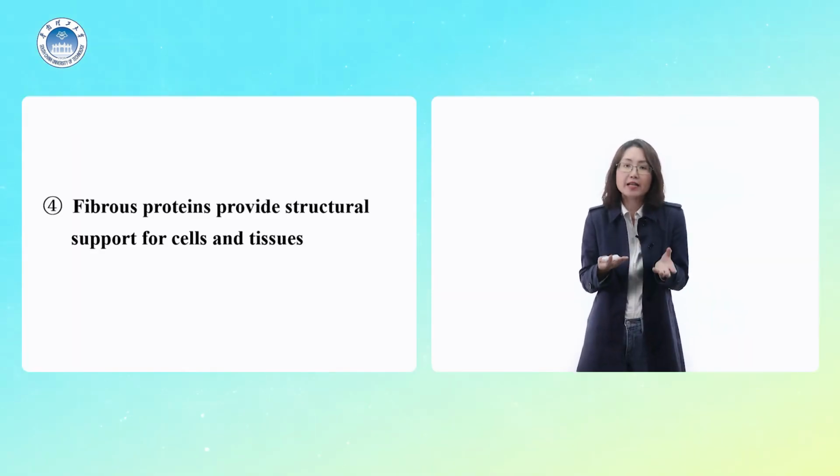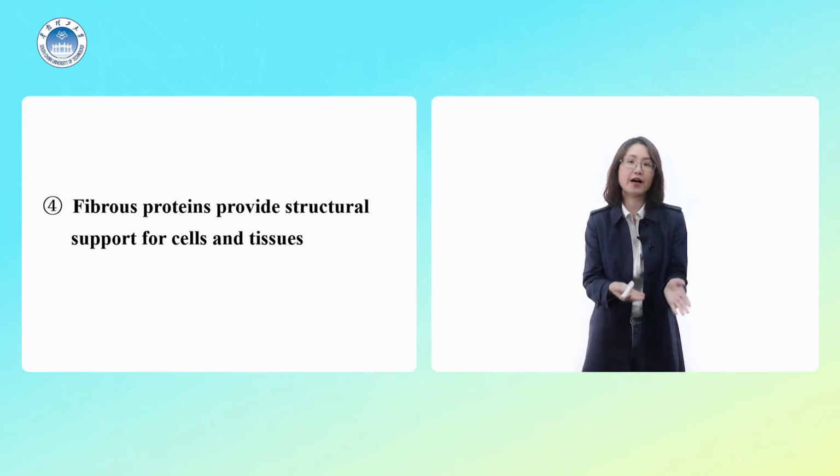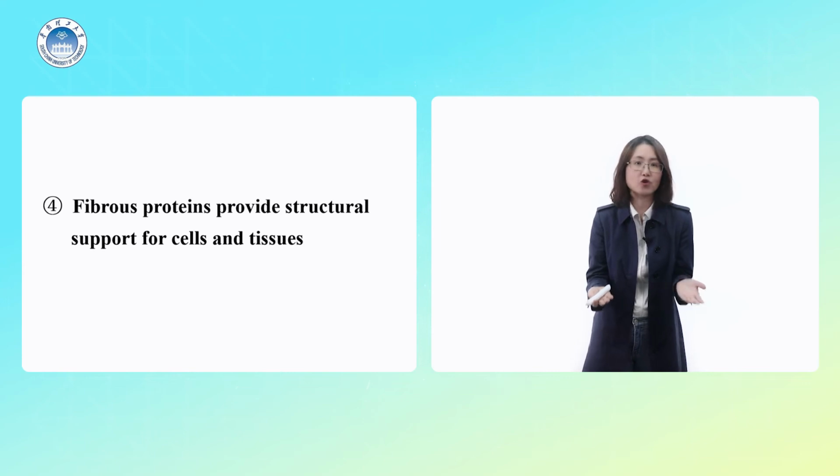Special types of helix are present in two proteins, alpha keratin and collagen. These proteins form long fibers that serve a structural role.